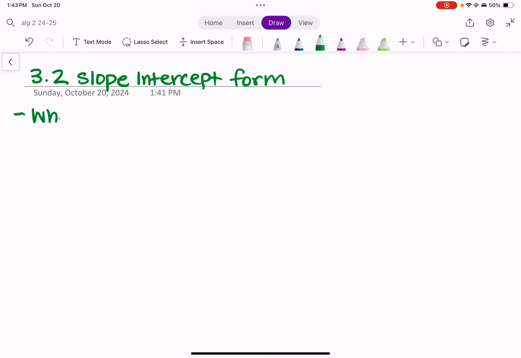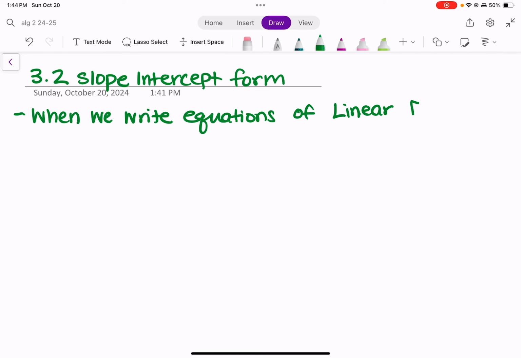So when we write equations of linear functions, we have different forms.